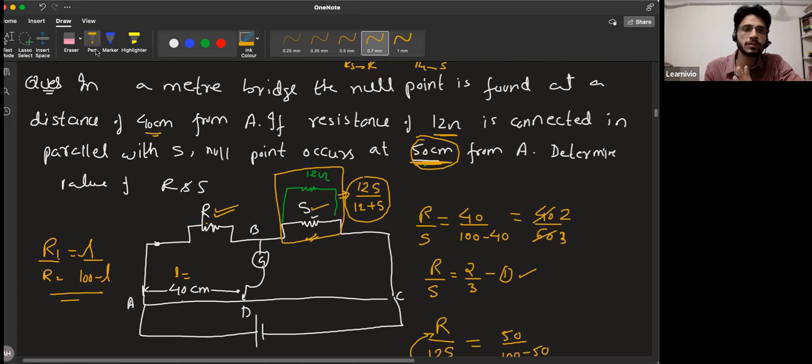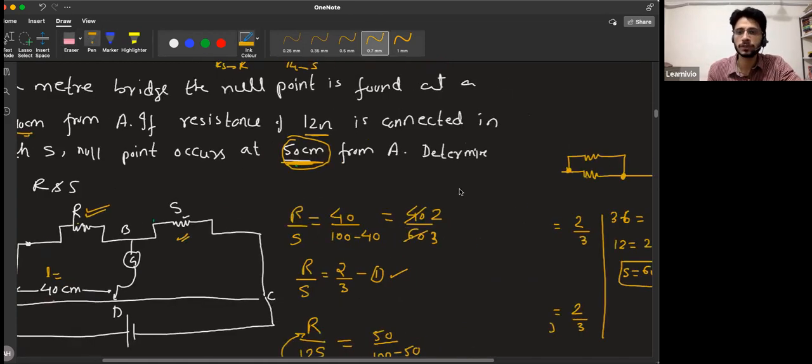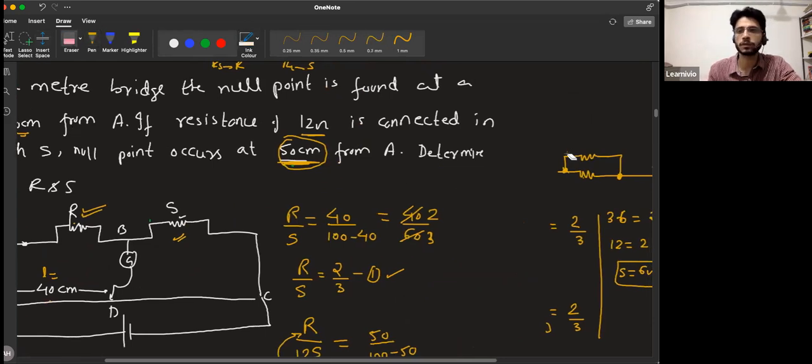There are two conditions. See, initially the resistance in the left gap is R, resistance in the right gap is S, and the balancing length is 40 centimeters. Then we connected a 12 ohm resistor in parallel with this.